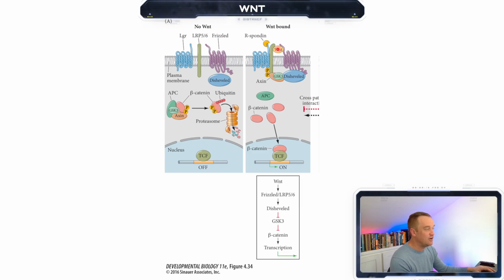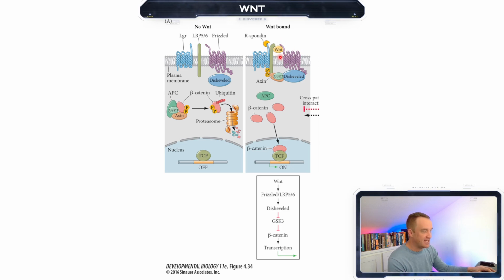But it often does also with these LRP5/6 receptors. So usually it can just bind frizzled, but it also oftentimes incorporates both of these other two receptors as well. The downstream transcriptional effector of WNT signaling is beta-catenin. So it is what we're targeting downstream of this.